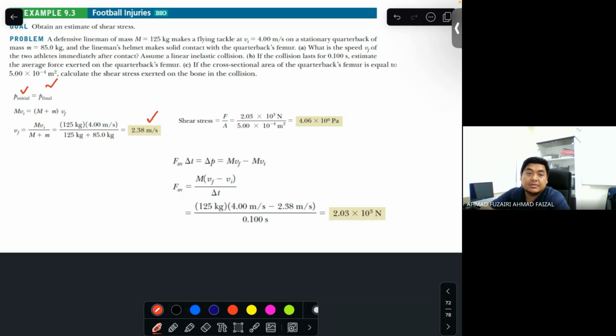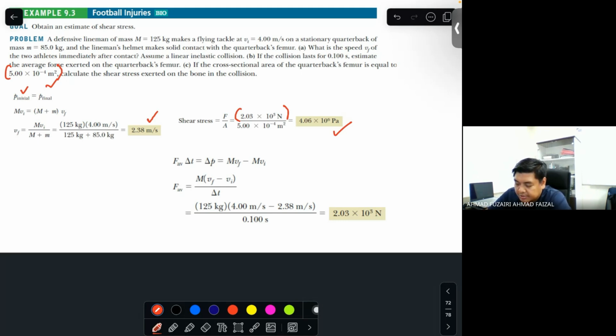You need to refer to the table itself to get those values, which is 2.03 times 10 to the power of 3 newtons, the shear stress for the helmet, and of course 5 times 10 to the power of negative 4 meters squared as the cross-sectional area, like the one stated in this question. So you may find the maximum shear stress that can be held by the helmet, which is 4.06 times 10 to the power of 6 pascals.